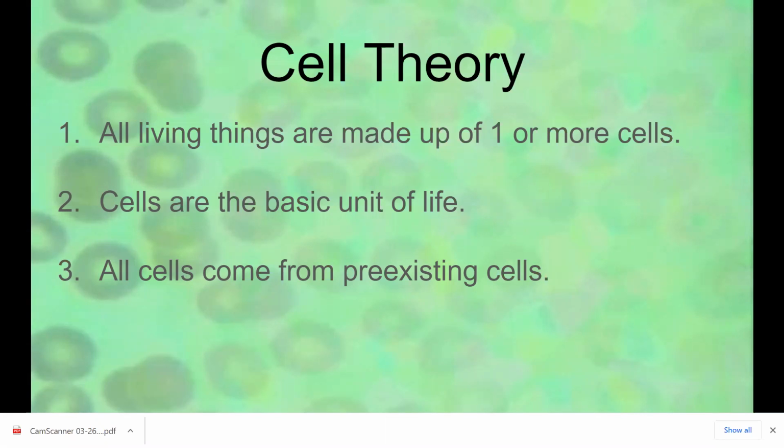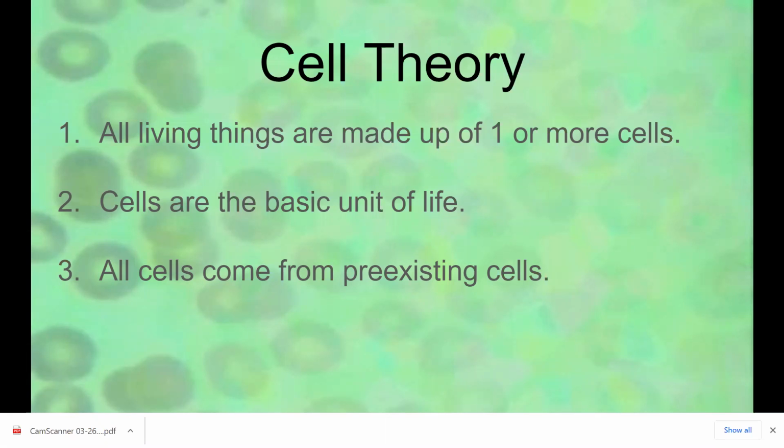So this one is kind of a chicken and egg situation, if you think about it. The whole which came first, the chicken or the egg. Obviously all the current cells that exist came from cells that existed before. But if you think all the way back, what about the first cell?